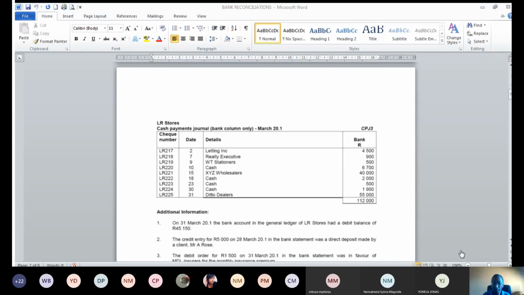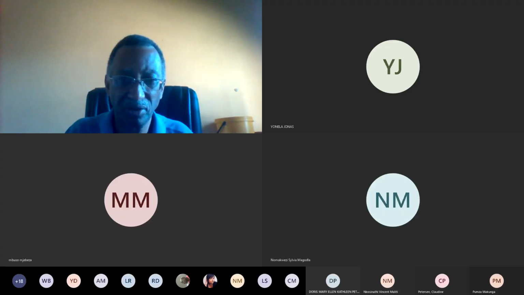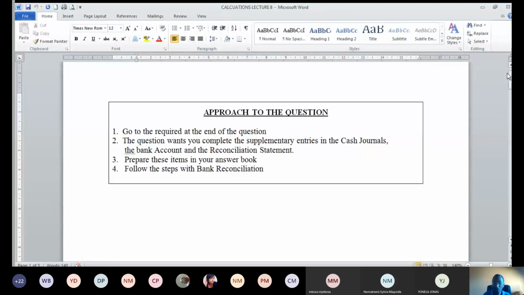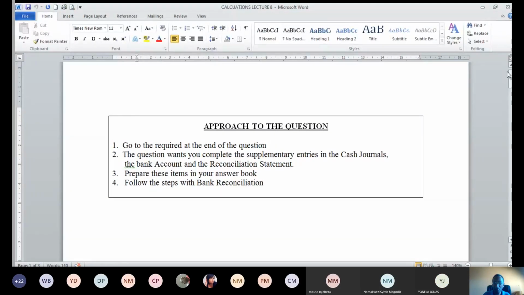So what we are going to do now is take a look at the approach to the question, guys. I've given you guys an answer sheet. And if you come across a question like this in the exam, your approach is you go to your required at the end of the question, see what you must do.